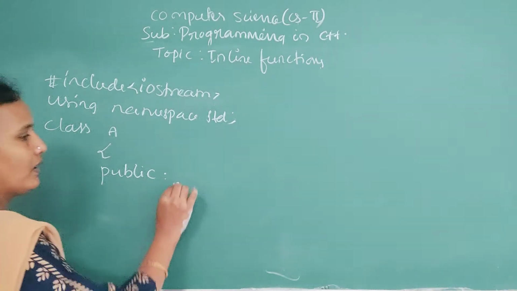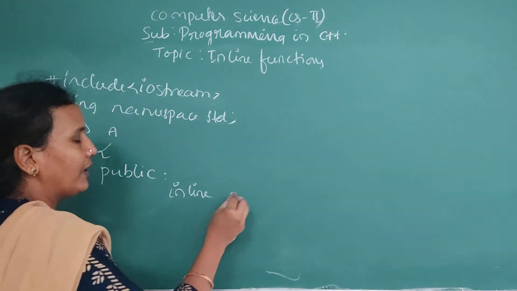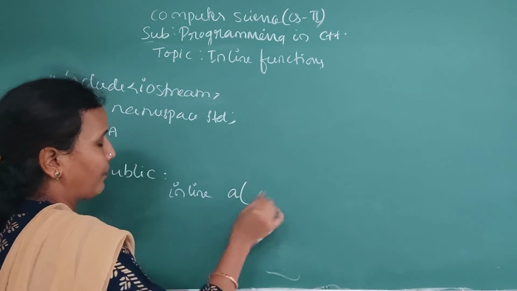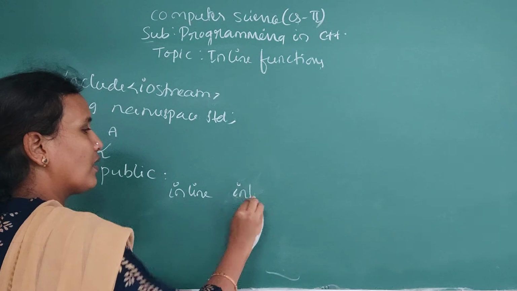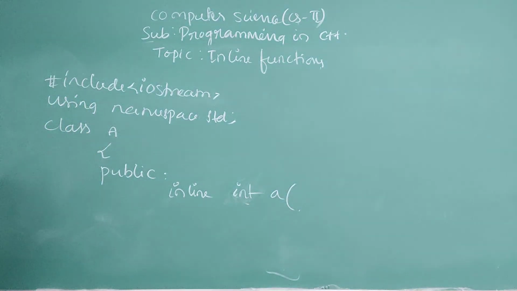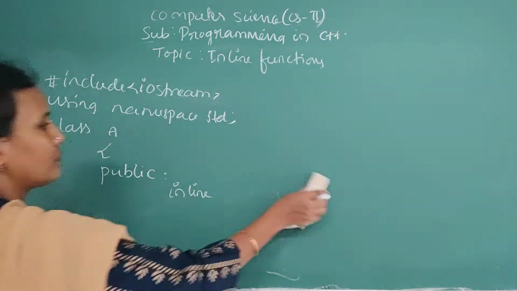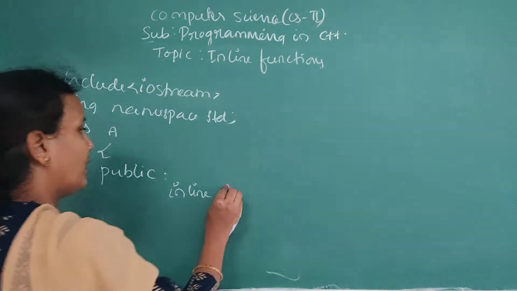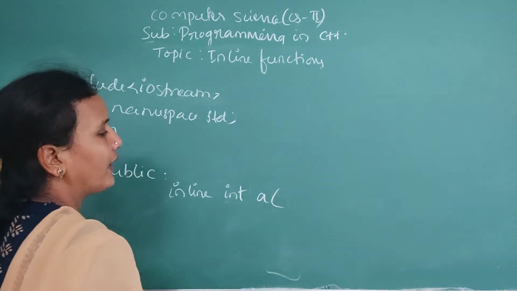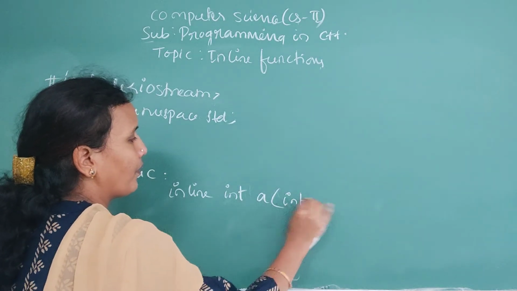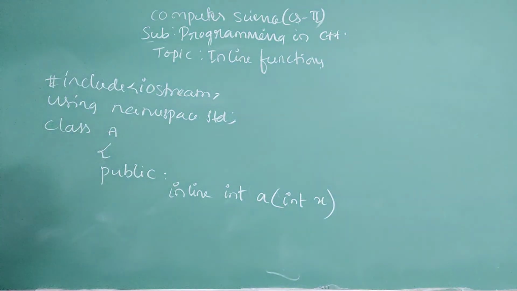Here I am giving inline function, inline example A. What is the concept? You need to give the return type of int A. So here inline is a keyword, A is the name of the function. Int is a data type, A is a function. Example, int x. Only one parameter I am taking.